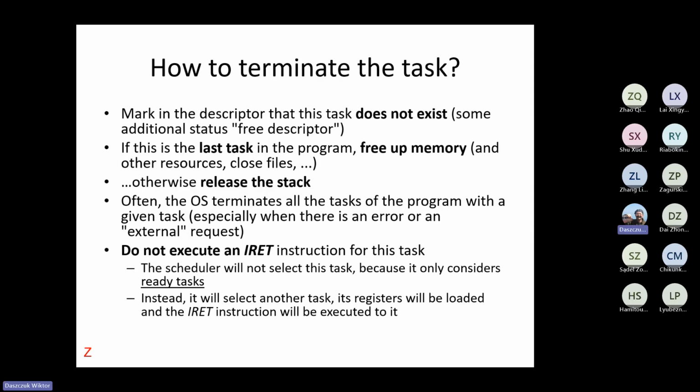So how to terminate the task? First, what is the reason that we terminate? It is some interrupt. It can happen that the program called the syscall to terminate the program. Every program has such a syscall at the end, entered by the compiler. So at the end of the main function, there is a syscall terminate.